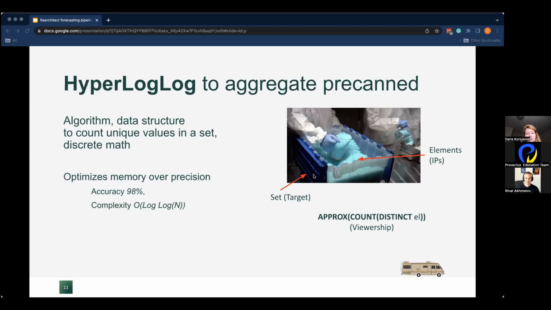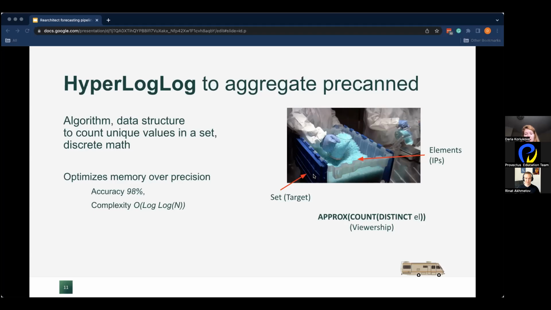The beauty is that it uses very little memory, and the complexity is so big from log n. That's why the HyperLogLog name came into place, because of the complexity.